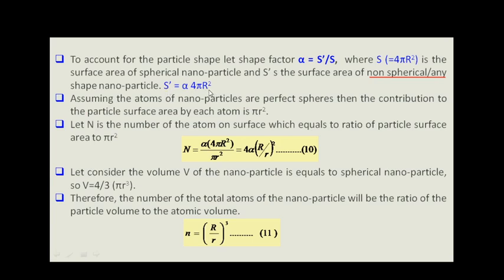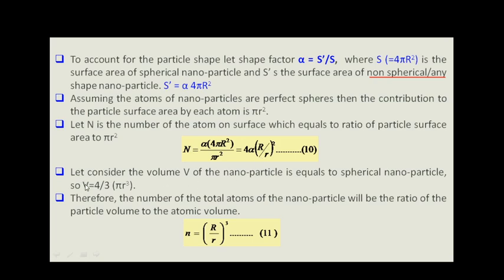So for the shape other than the spherical one, it's alpha 4 pi r square divided by the area of an atom, and therefore this is giving you the number of atoms on the particle which is non-spherical or of any particular shape. I repeat, equation 10 is giving you the number of atoms on the surface of a particle which is not spherical or which is in another shape.